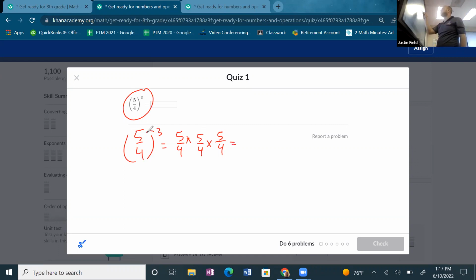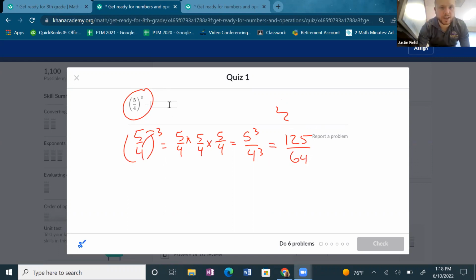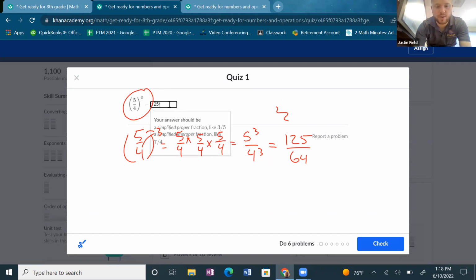So what you could do is think of it as 5 to the 3rd over 4 to the 3rd. You can think about it like distributing the exponent. So it'd be 125, that's 5 to the 3rd power, over 64. And that will be our final answer: 125 over 64.